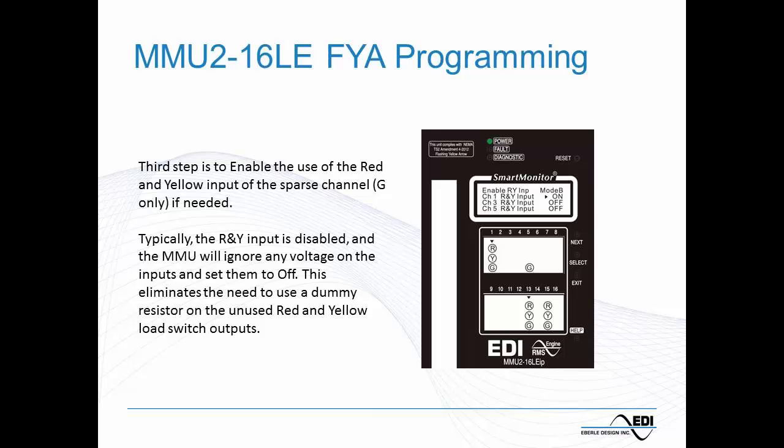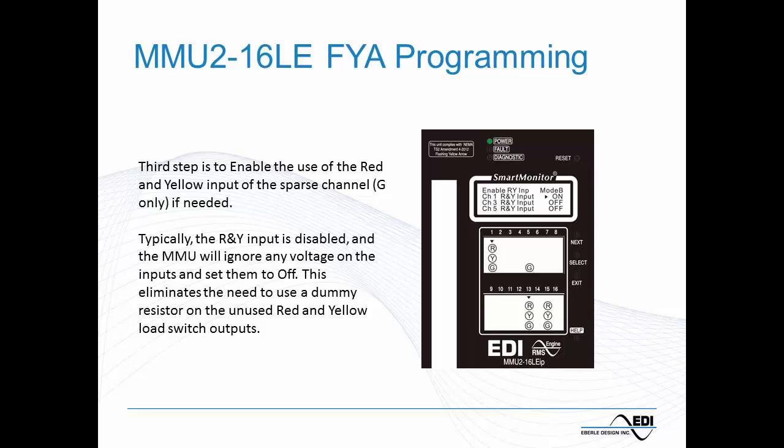There are some cases where you might want to use those red and yellow outputs. Typically the controller will drive the protected load switch as if it were a fully protected signal. So it will cycle the red, the yellow, and the green, even though we don't have signal heads on the red and the yellow. This can be handy.